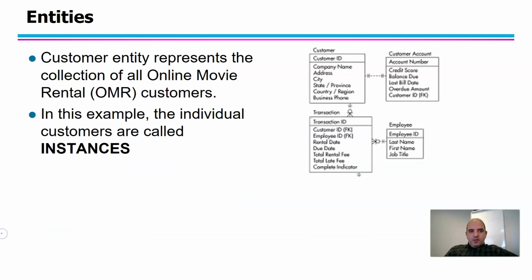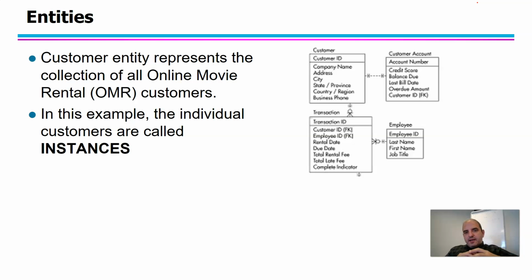Okay. And here, in our figure, we have four entities. And in this example, for instance, this customer is an entity, as I mentioned before. But as you can easily understand, a company has lots of customers. The important point here is that we don't keep data or create an entity for each single customer.